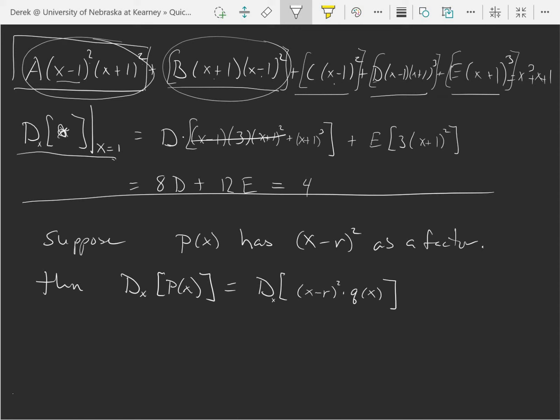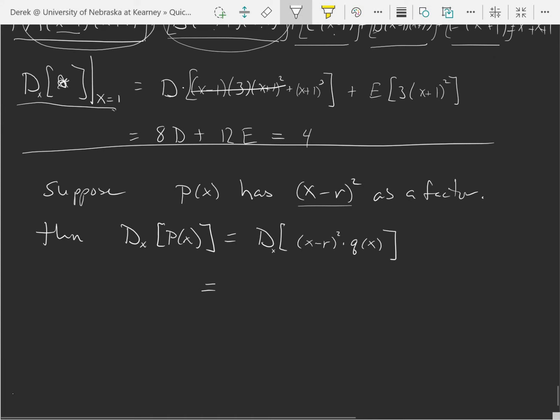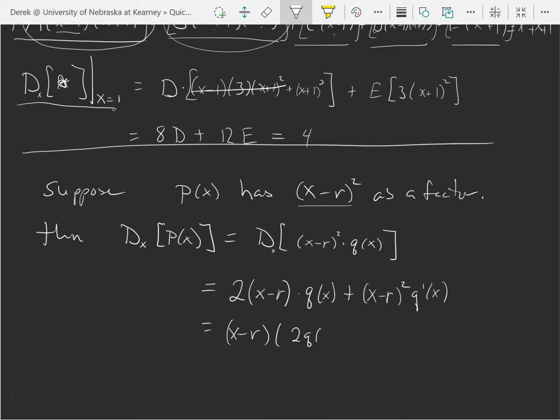And there is no remainder because this is actually a factor. So that's going to equal, by the product rule, 2 times x minus r times q of x plus x minus r squared q prime of x, and that's going to equal x minus r times 2q at x plus x minus r q prime at x.